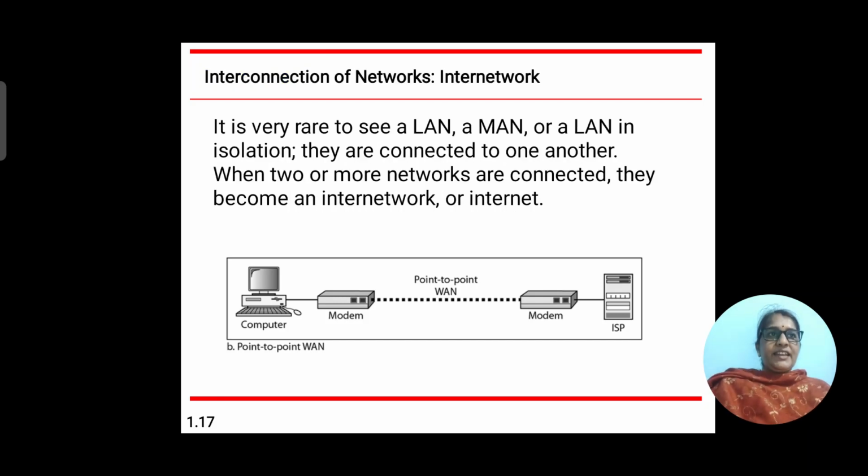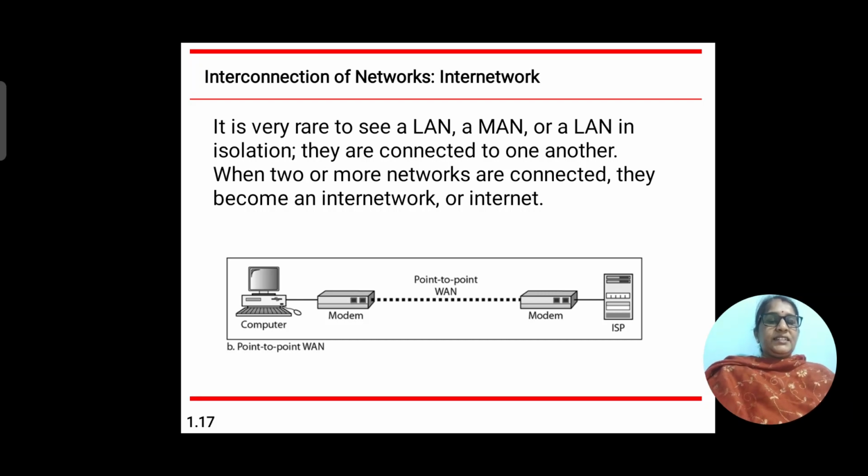It is very rare to see a LAN, a MAN or a WAN in isolation. They are connected to one another. When one or more networks are connected, they become an internetwork, or internet.